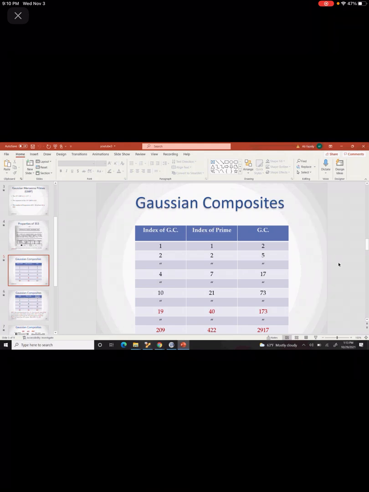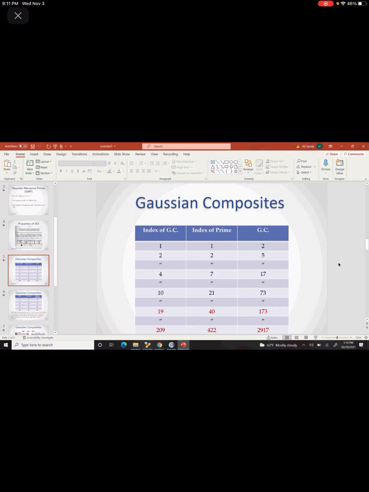Now remember that I told you they produce a Gaussian composite. When you get the modulus, or magnitude, of these numbers, which is a real number, a rational number, you're going to get a prime number.